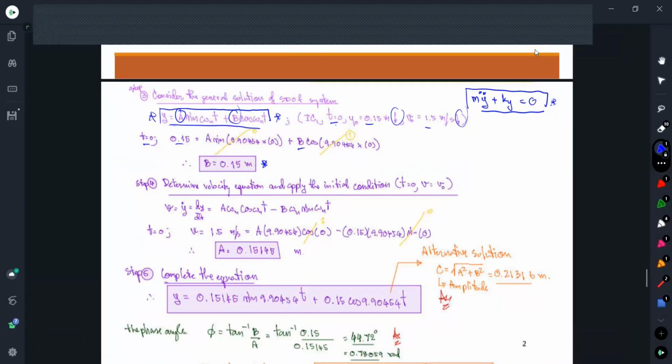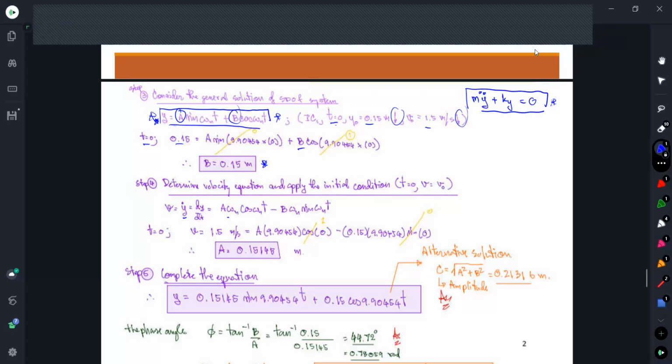We take the first derivative of this equation to find the velocity. The first derivative of y is equal to the velocity. y is a sine omega t plus b cosine omega t, and when we take the first derivative we get a omega cosine omega t minus b omega sine omega t.